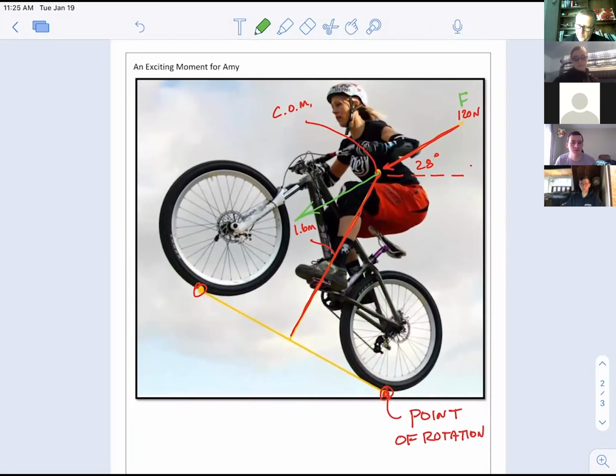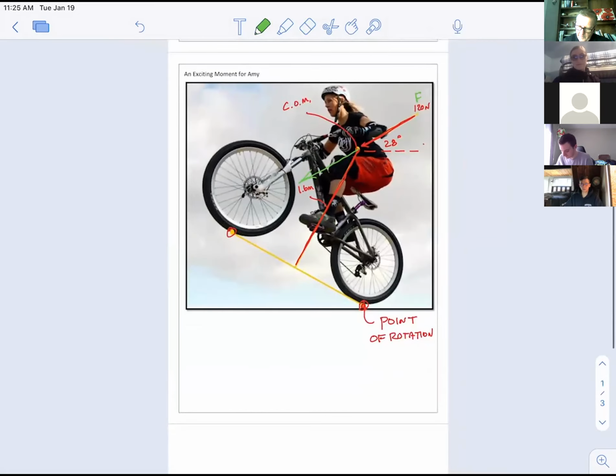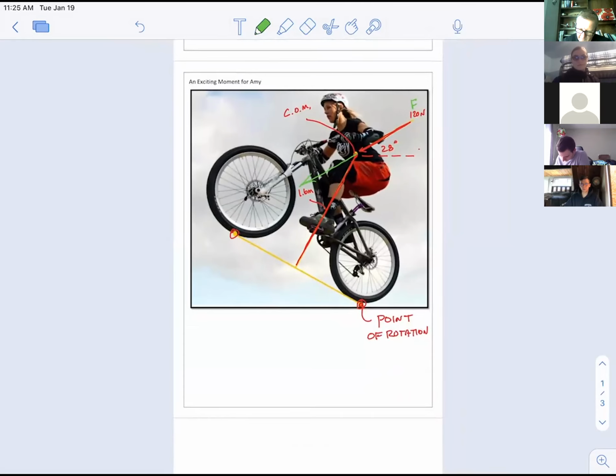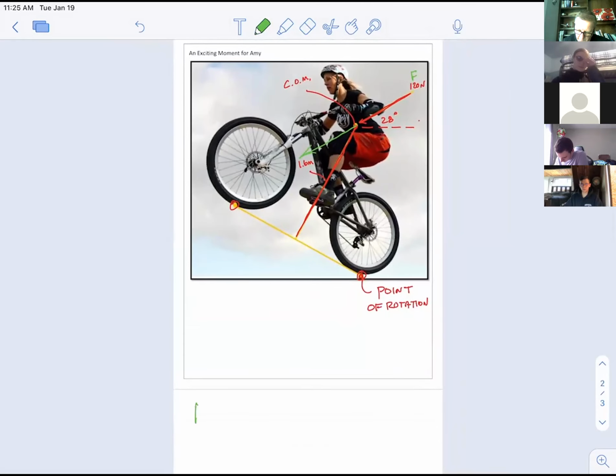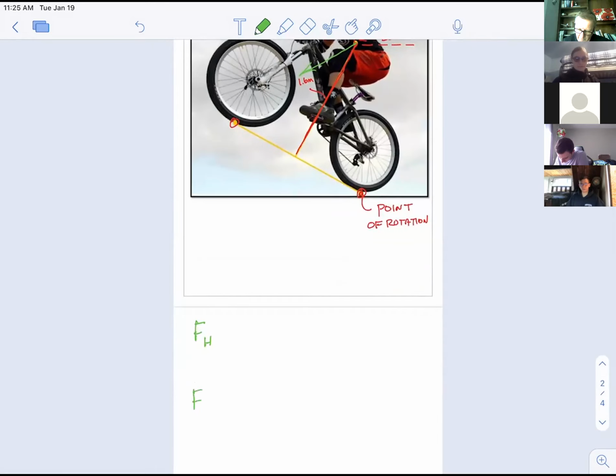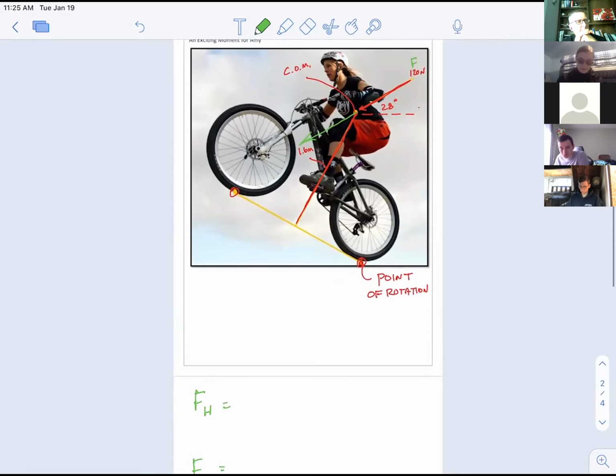So there's our force, 120 newtons. And so the kind of thing I want to be able to calculate is the force horizontal and the force vertical from chapter 2. Could you do that now? Can you use the 28 and the 120 to convert to force horizontal and force vertical? Do you see that as easy? I think the answer to that is yes.